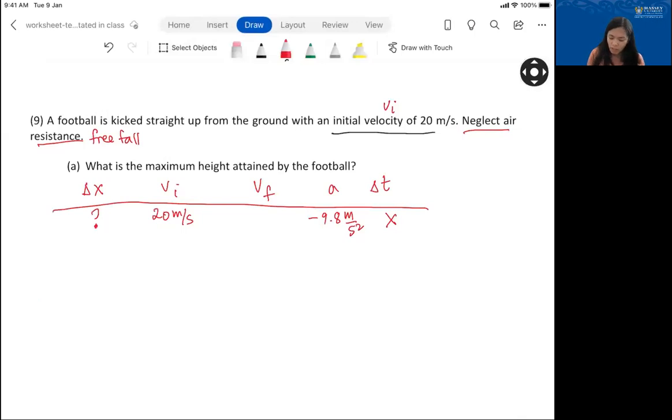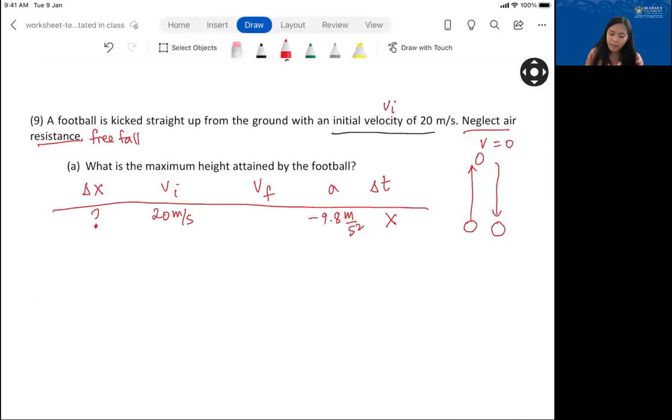Because the ball is kicked upwards, it will go up. It will eventually come down, right? Anything that goes up will come down. Before coming down, it should momentarily stop. When it stops, the velocity is 0, and then it will come down.